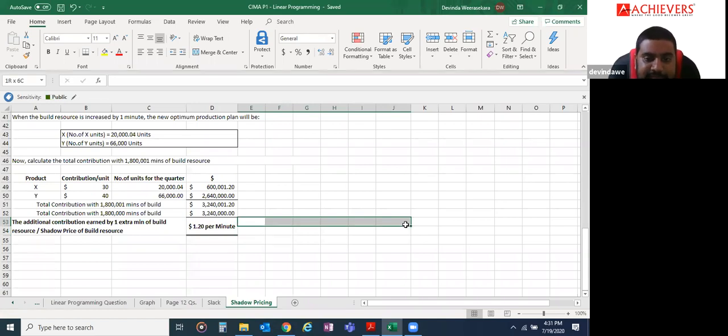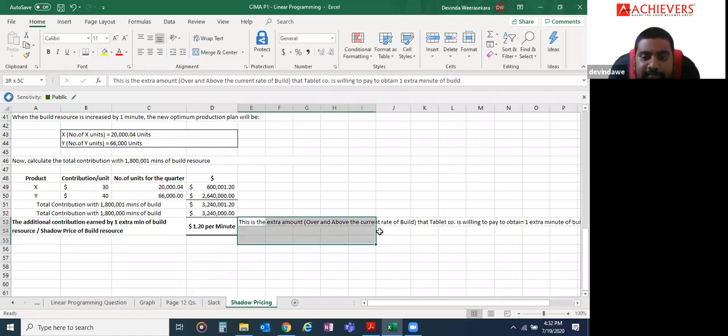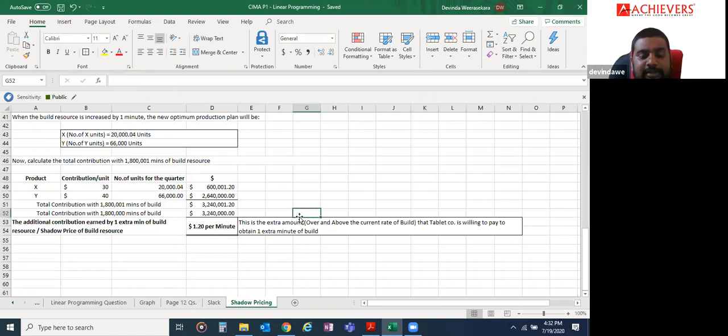So here I will say this is the extra amount over and above the current rate of build that tablet company is willing to pay to obtain one extra minute of build. Clear, guys? Any questions?